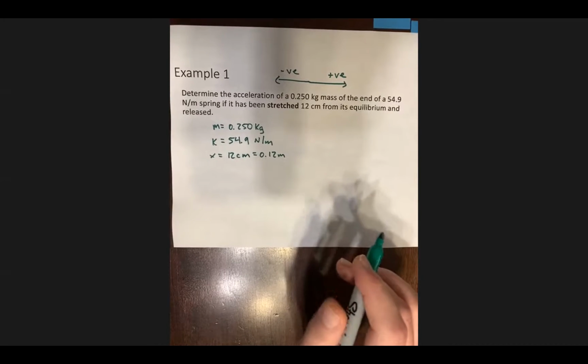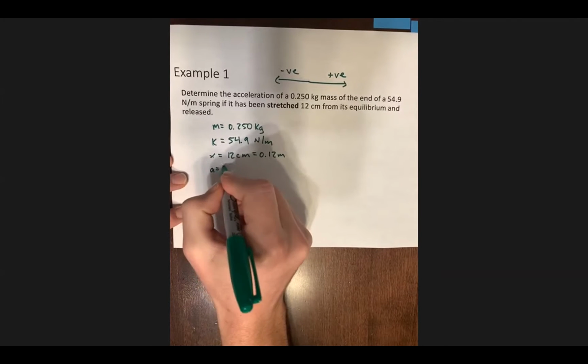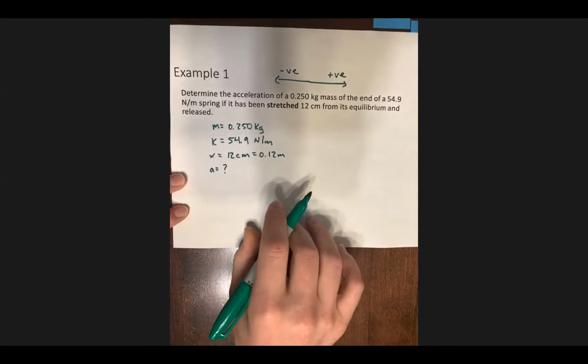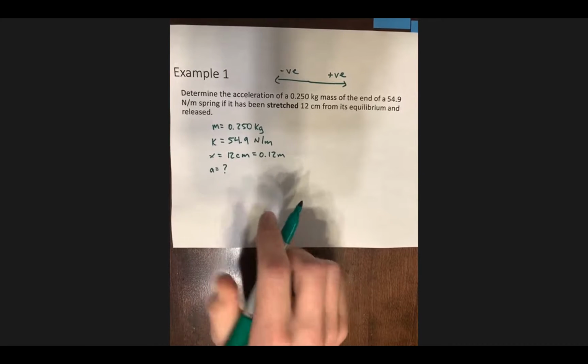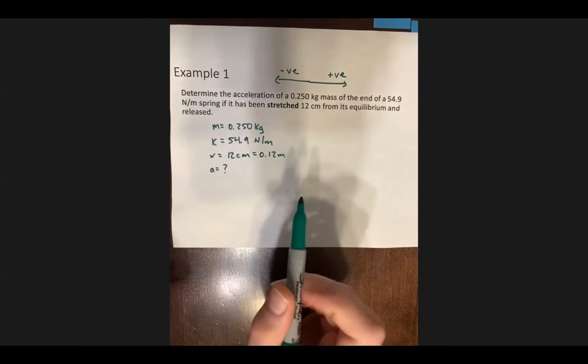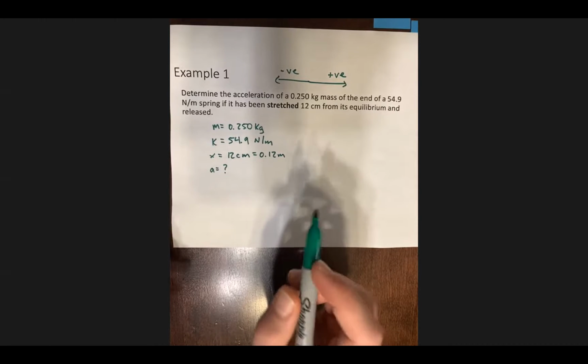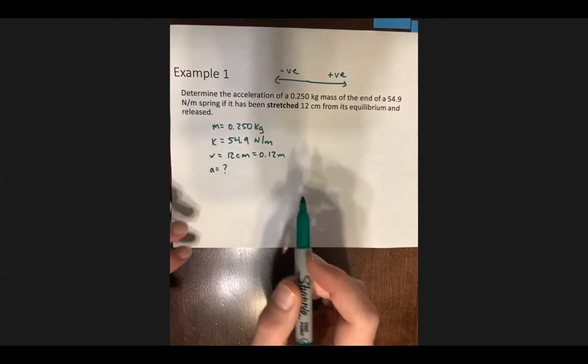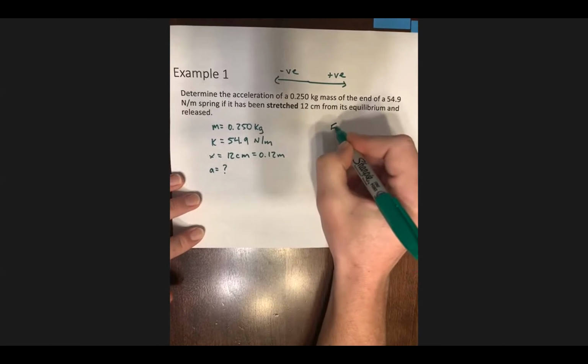All right, so we are looking for the acceleration of that. Because this is a frictionless system, the only force to consider is the net force, and that is going to act as the restoring force.